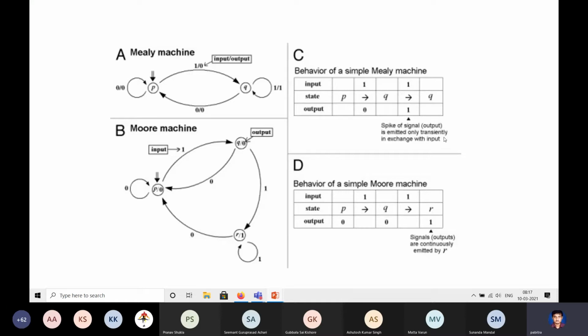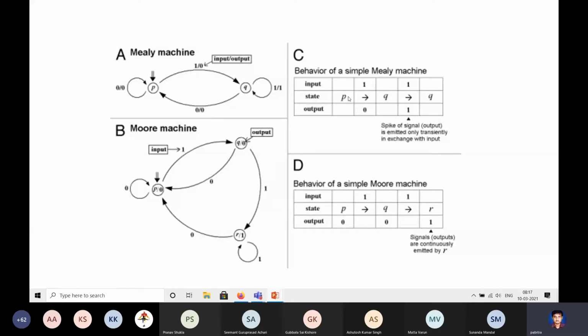These columns which have P, Q, and Q are like the gap between two edges of the clock. Whereas the columns where I have this 1 and an arrow and a 0 are the edges of the clock where the transitions are happening.